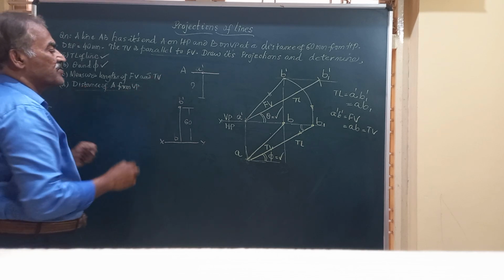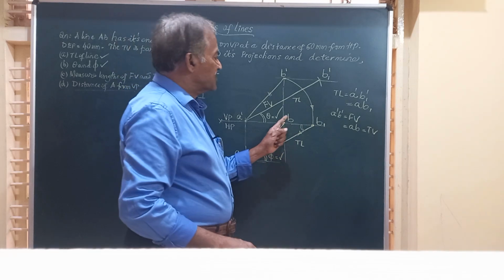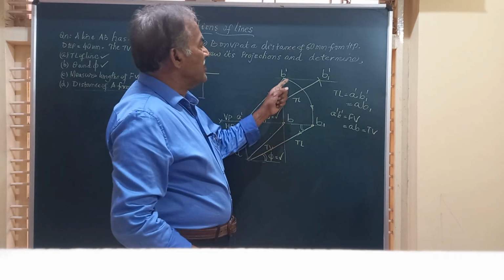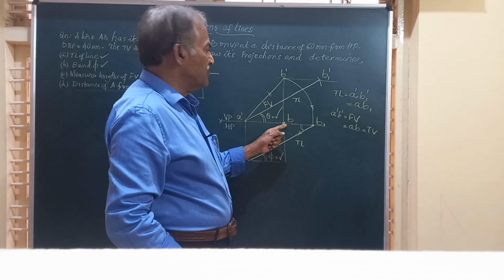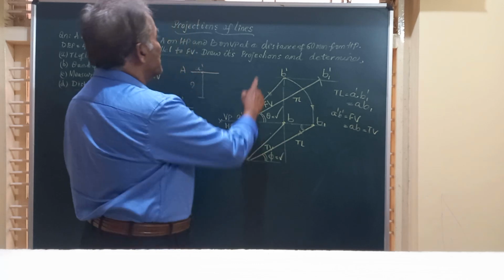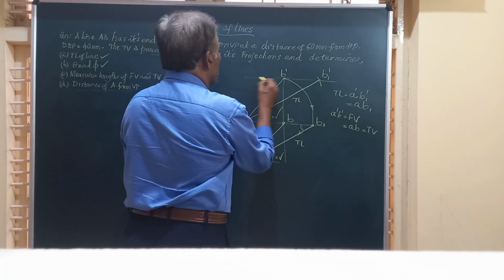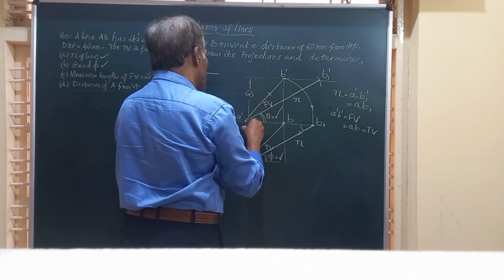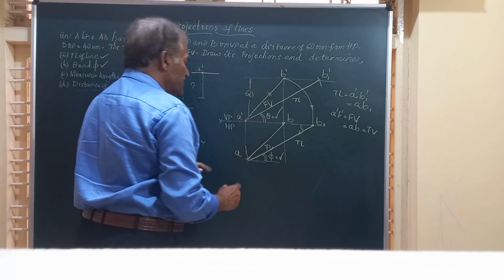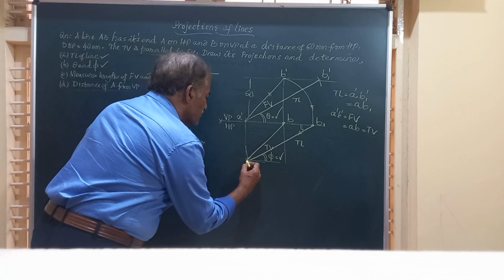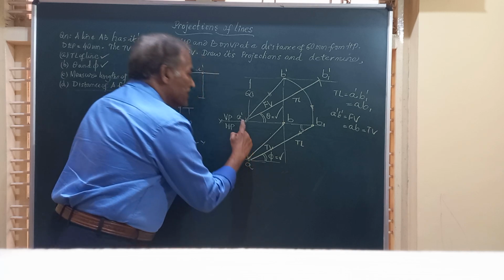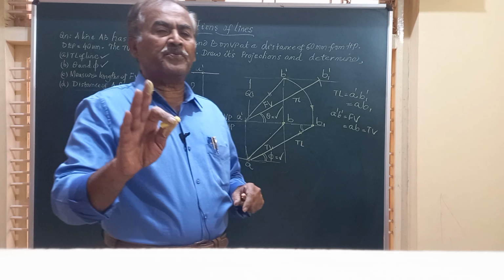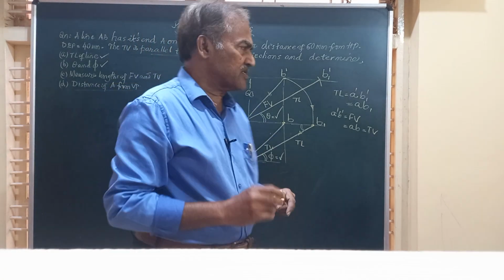Distance of A from VP. Distance of B from HP is this distance that is given in the question as how much? This is 60 mm. So they have given this already, and we need to find out the distance of the end A from VP. Any distance from VP is marked below the XY line.